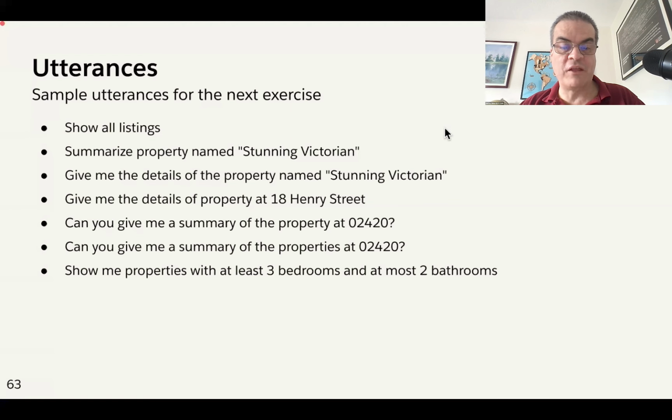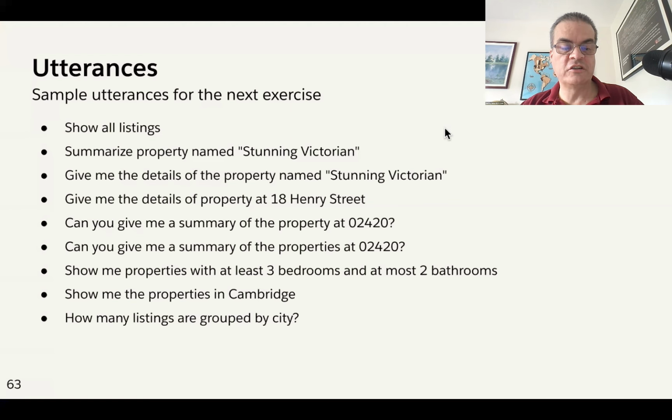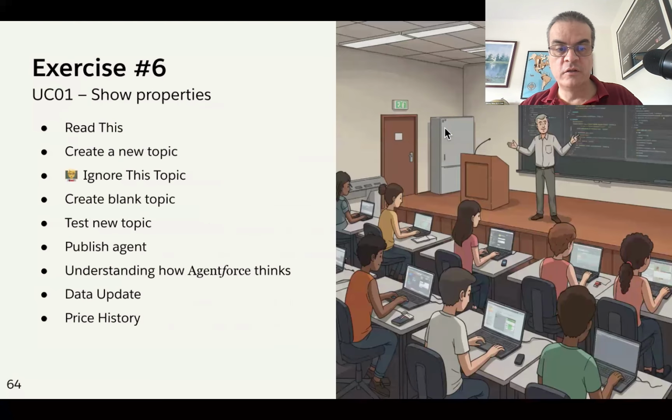Show me the properties with at least 3 bedrooms and at most 2 bathrooms. Show me the properties in Cambridge. How many listings are there grouped by city? Those are the types of utterances that we want to start thinking about answering. Okay, so let's get there.